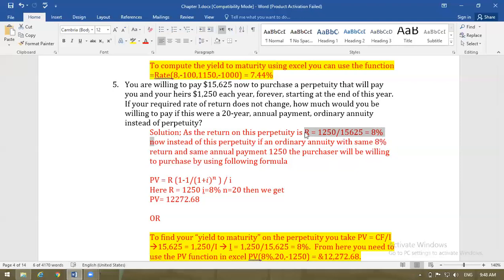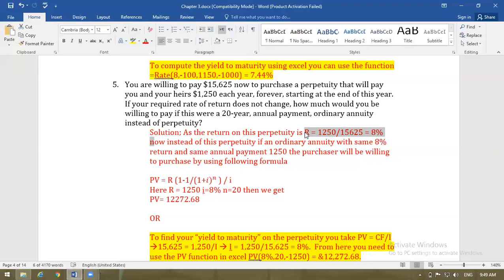Now the question is further asking, instead of purchasing this perpetuity, if you are interested to buy an annuity of 20 years, what will be your purchasing price for that annuity?